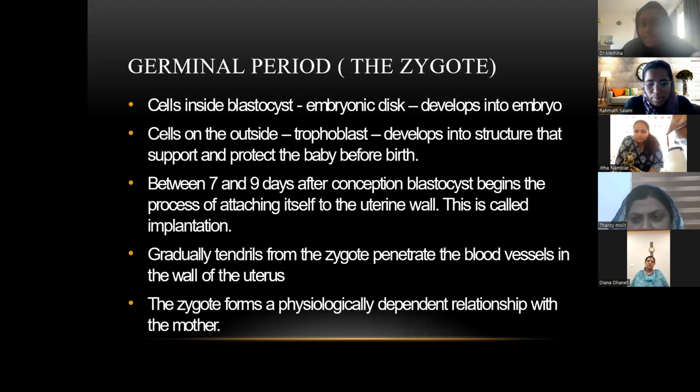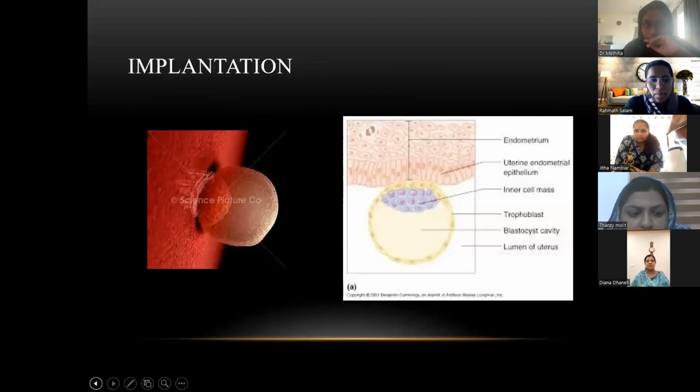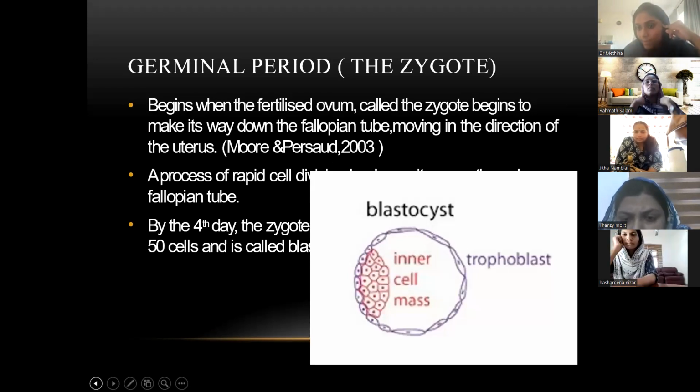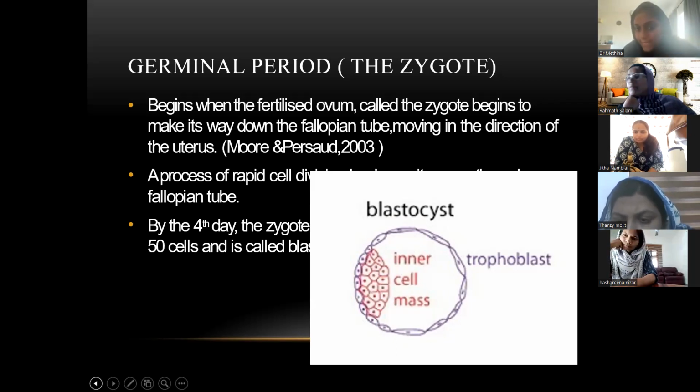So see, the cells inside the blastocyst, as you have seen before. Can you show the previous slide? Yeah, this is the blastocyst. That means multiple cell divisions occurred, and you can see an inner cell mass and an outer trophoblast. This inner cell mass later becomes the embryo.